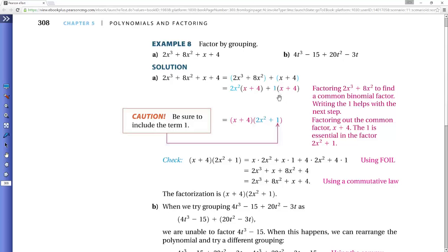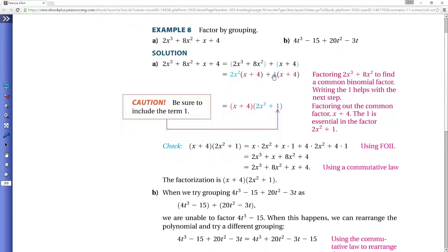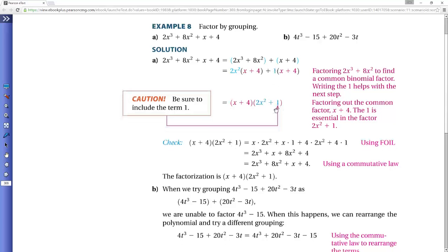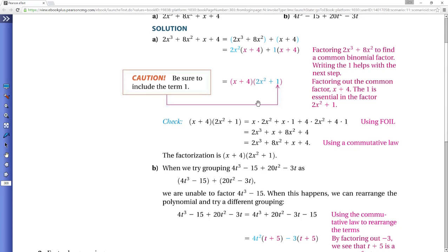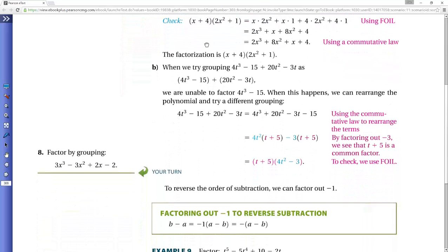And when we get to negatives again, this is going to be an important concept to think about. Because I need a number here to be able to pull into this new part of this multiplication. This 2x squared plus 1 I get here. Before I get 2x squared, if I don't put that 1 in front, I'm going like, what is the number? Well, it's 1. That's the identity of multiplication. I can always multiply by 1 and not change any parts of this expression. So, caution, be sure to include the term 1. That is why they did that example.